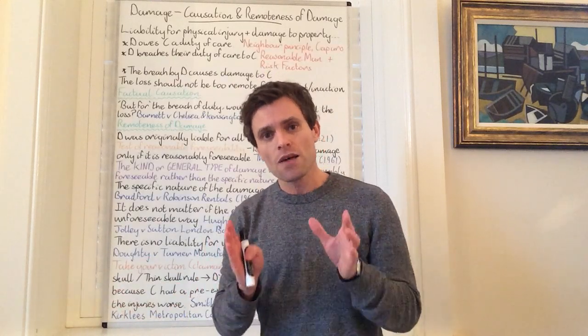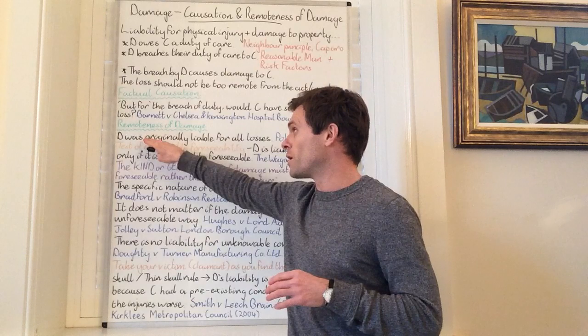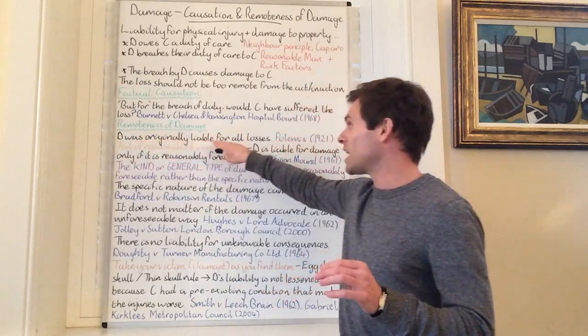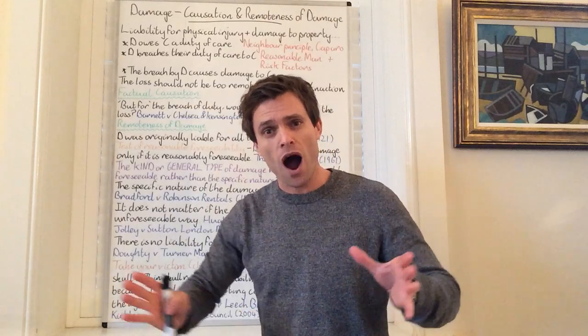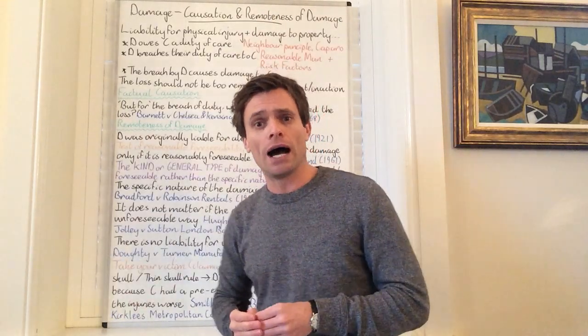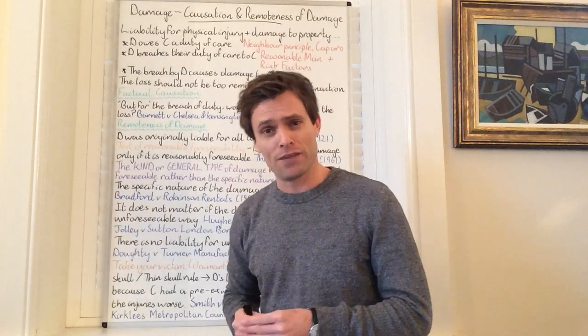But nevertheless, the principle, which really is our starting point for exploring remoteness of damage, the defendant was originally liable for all losses which they had caused. So it's a very wide and broad level of culpability attached to the defendant.